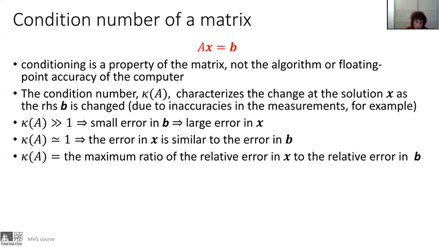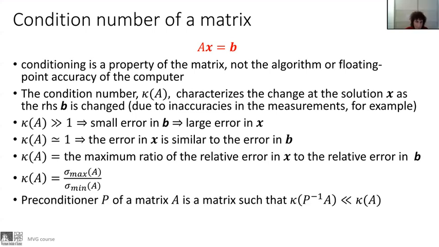And it can be shown, not very complicated to show, that the condition number is the largest singular value divided by the smallest singular value. The singular value is the singular value that we spoke about before when we talked about the SVD. So in order to solve such a problem, people introduce a preconditioner, which is called P, and then instead of solving the original system, you solve this system.